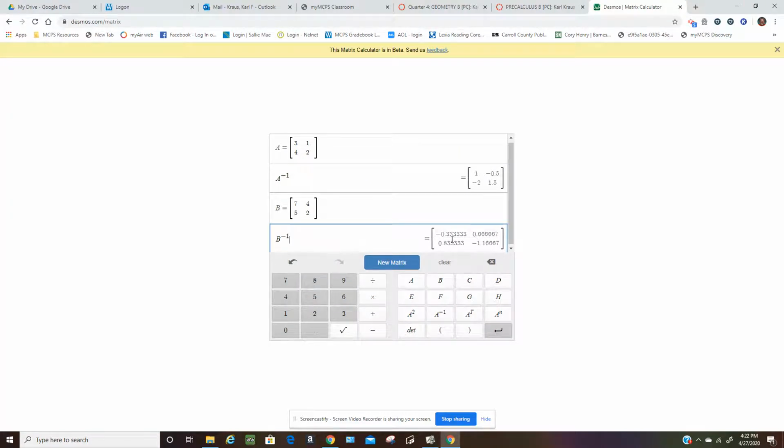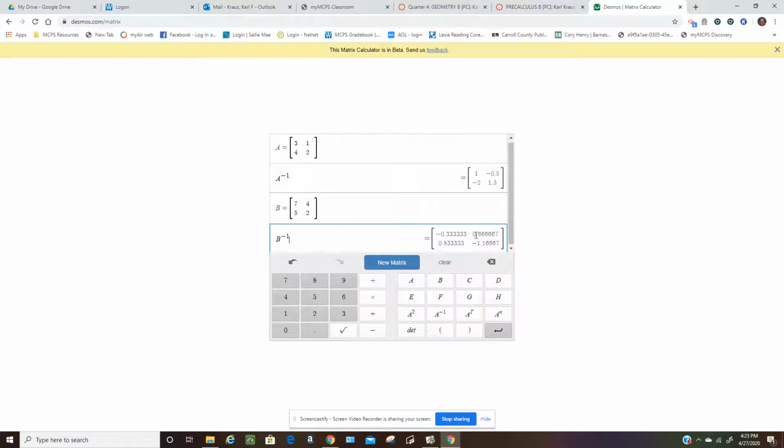I think there's a way to change this to fractions, but I'm not really sure what that is. I don't see it on here, but you could go to Desmos or go to your graphing calculator and change these to fractions from decimal form.